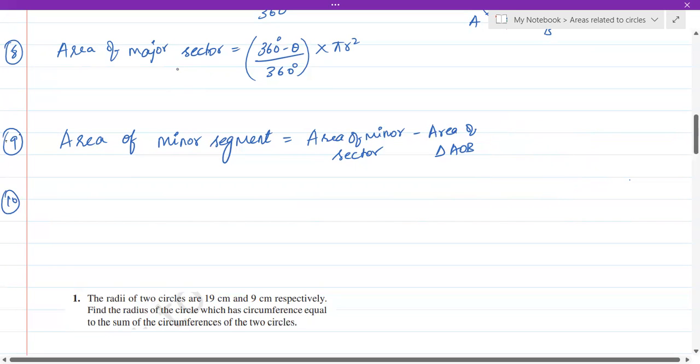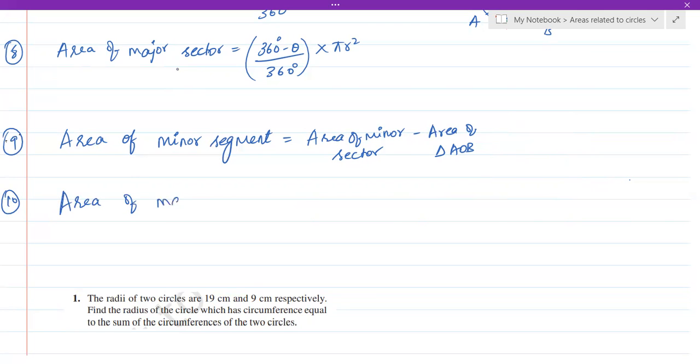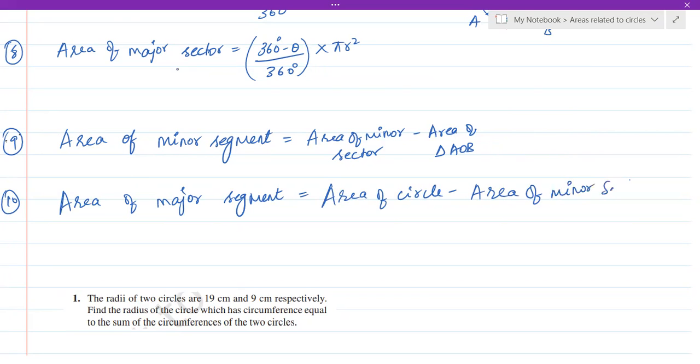Therefore, area of major segment will be equal to area of the circle minus area of minor segment.